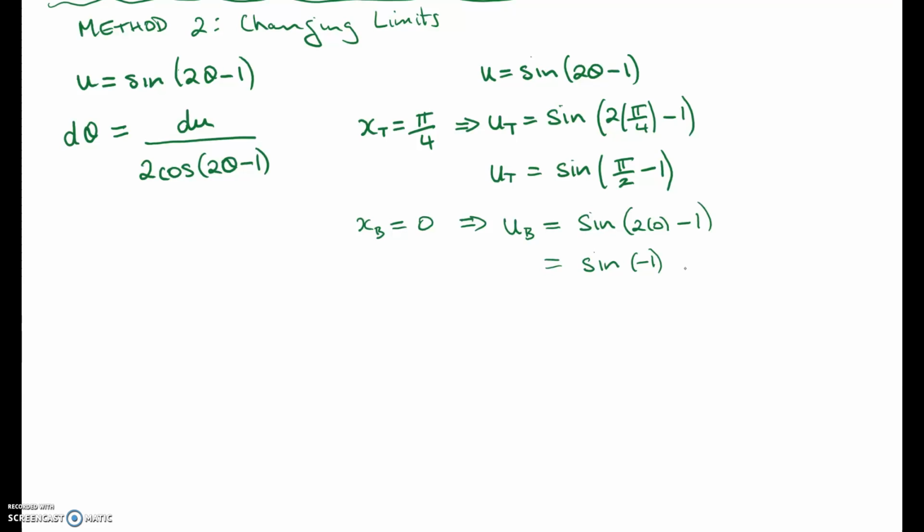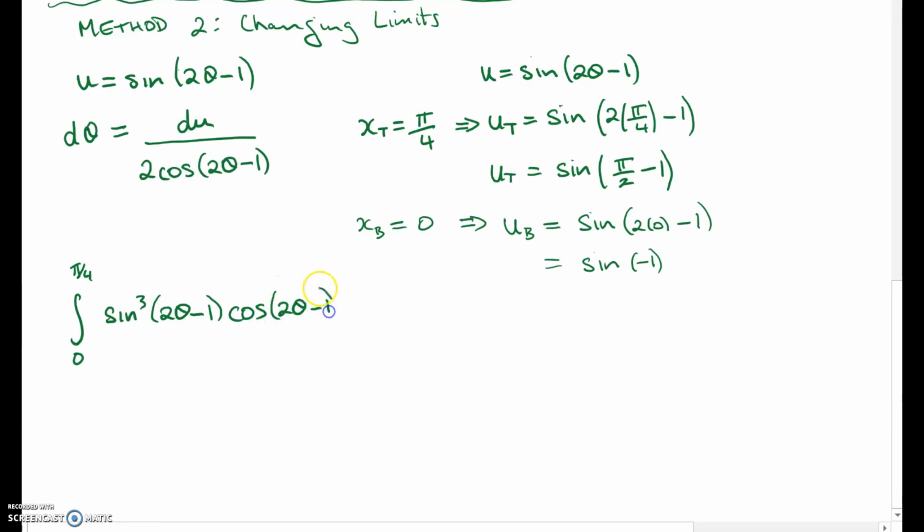Now we're ready to complete our substitution. The original question was the integral from 0 to pi over 4 of sine cubed of 2 theta minus 1 times the cosine of 2 theta minus 1 d theta. This is now equal to an integral where the bottom limit is the sine of negative 1.